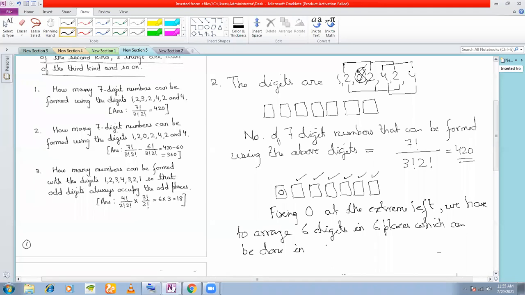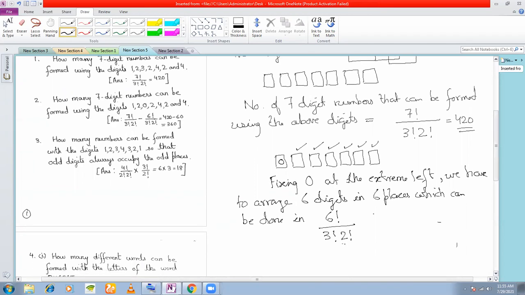So the remaining digits in the 6 places can be arranged in factorial 6 divided by factorial 3, because 2 is repeated thrice, and factorial 2, because 4 is repeated twice. So this becomes 60.